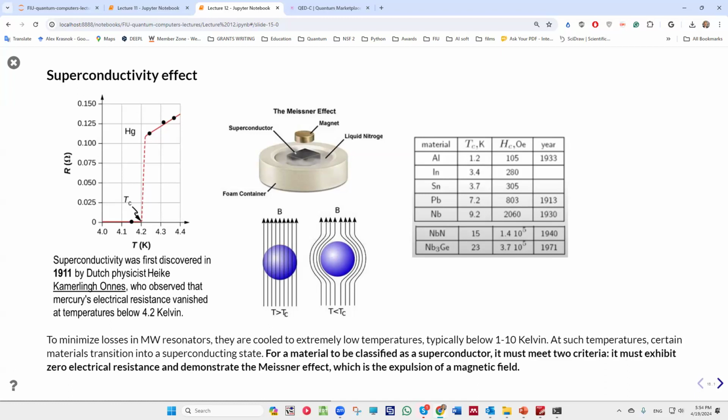This MRI magnet has a superconducting coil in there, and these coils are made of a particular metal alloy that turns the magnet into a superconducting state that creates very strong current, and strong current means a very strong magnetic field. Anyway, one effect associated with superconductivity is the transition from the conducting state to the superconducting state, basically when the resistance vanishes.